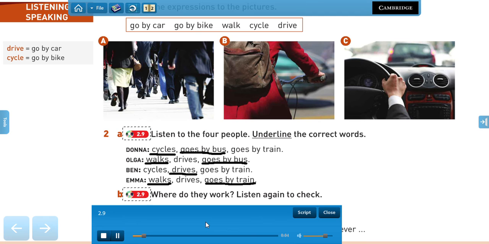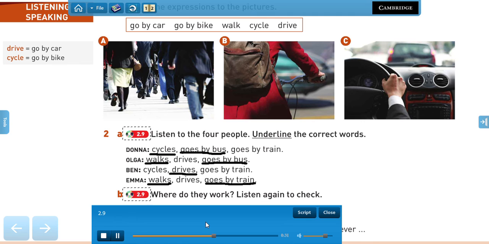Donna. I usually cycle to work. If the weather's bad, I go by bus. Sometimes I go by underground, but it's expensive. Olga. I live near my office, so I usually walk to work or I go by bus. I never drive. Ben.